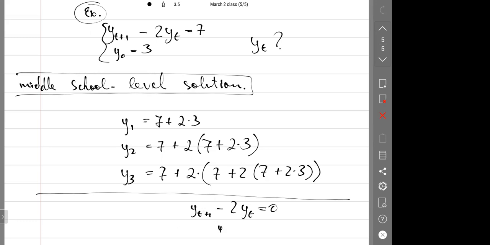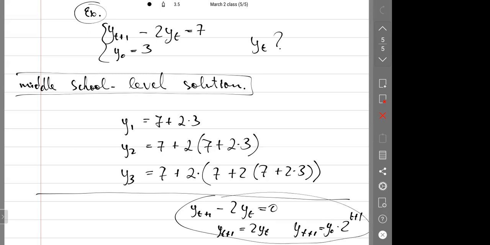I know that y_{t+1} is 2 y_t, so y_t is y0 times 2 to the power t. This I know how to solve because I have studied geometric progressions.